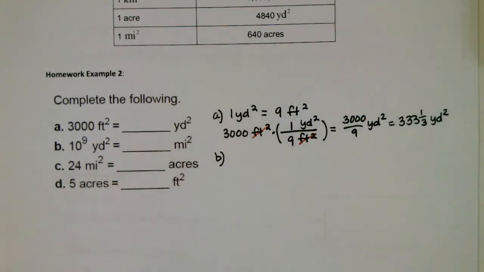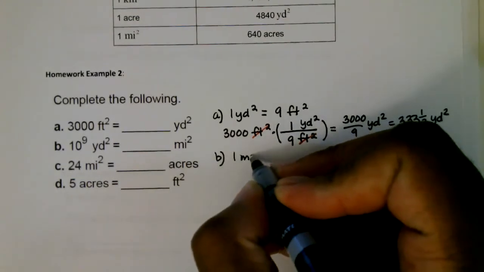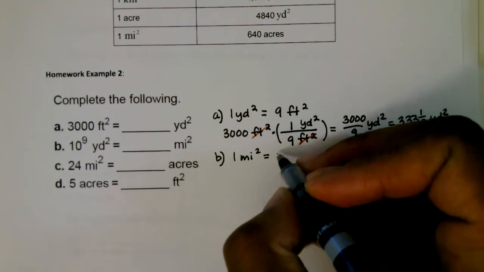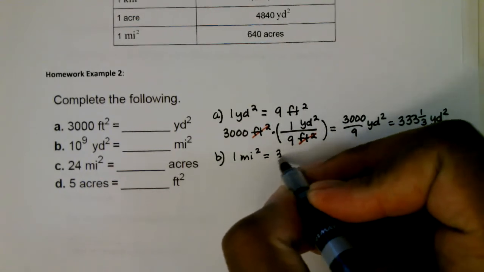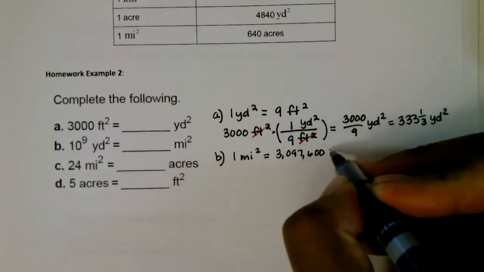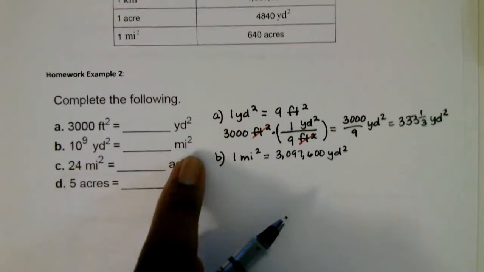Well, let's look at what we have here. Let's find something that's equivalent in a relationship with square miles. I know by looking at this, 1 square mile, that's equivalent to 3,097,600 square yards. Because we got yards and miles.